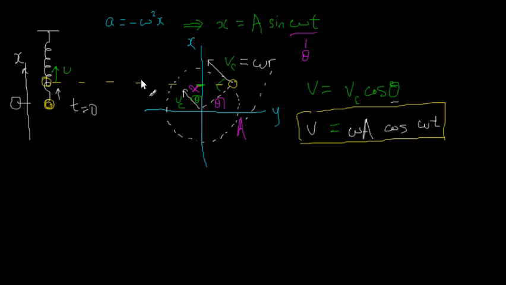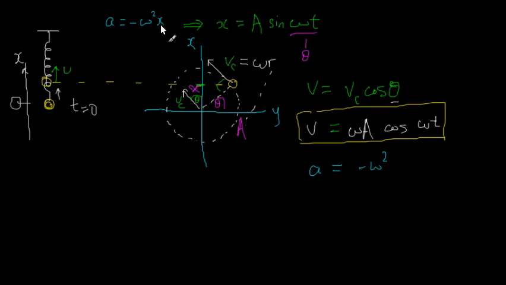I'll just complete the picture by writing out the expression for the acceleration in terms of sine or cosine, which is pretty straightforward because we already know this formula. So I'm just going to write this out. A is equal to minus omega squared X, and X is equal to A sine omega t.